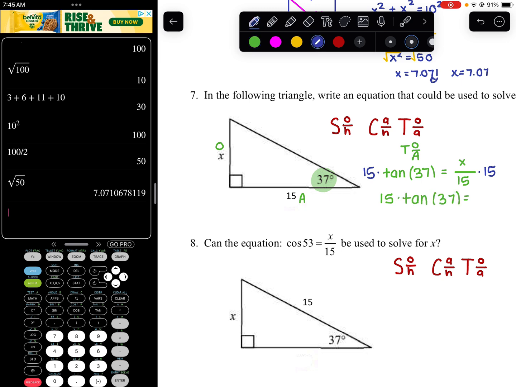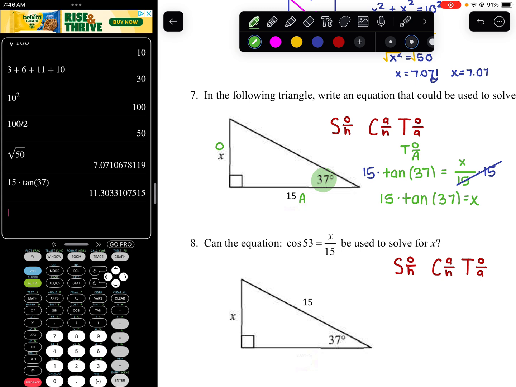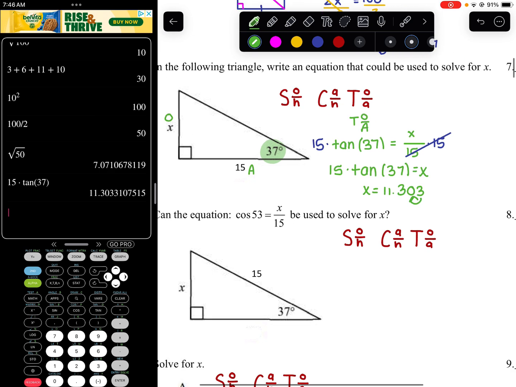And on the right-hand side, times undoes, divides. So let's go ahead and start to type this into our calculator. To get x is 11.303. That 3 tells us it stays as a 0.